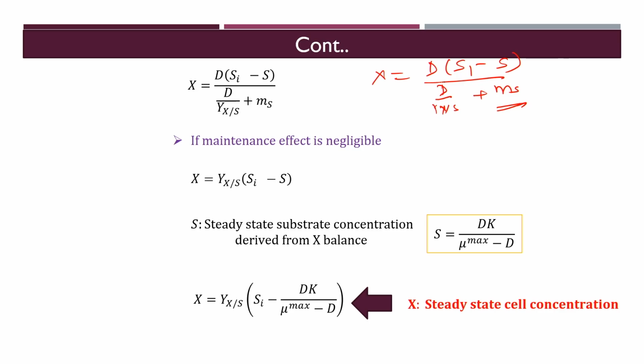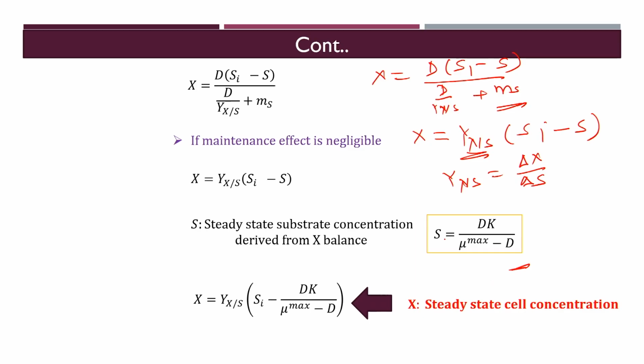So, D will be cancelled out, then we will end up with x as Yx upon S into Si minus S. This is exactly the same definition of the yield. What is yield? Yx upon S is delta x upon delta S.